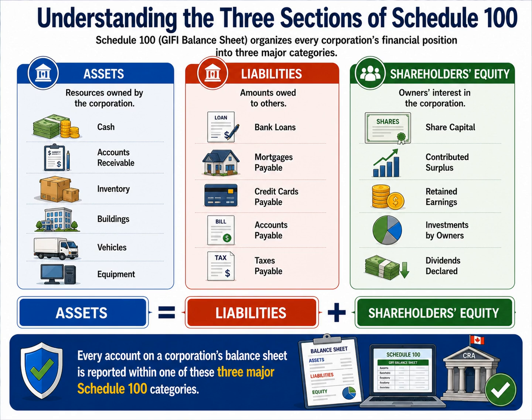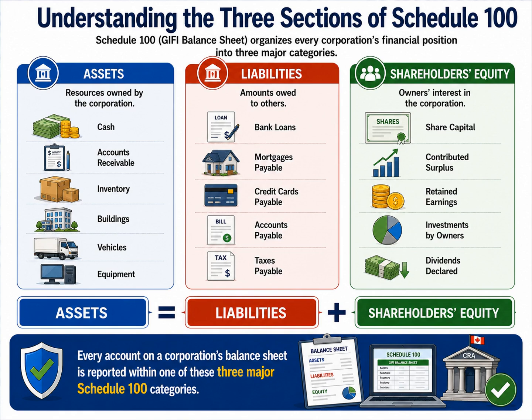When preparing Schedule 100, every balance sheet account is assigned to one of these three categories. Whether it's cash, inventory, a bank loan, or retained earnings, each account belongs under assets, liabilities, or shareholders' equity using the appropriate GIFI category.